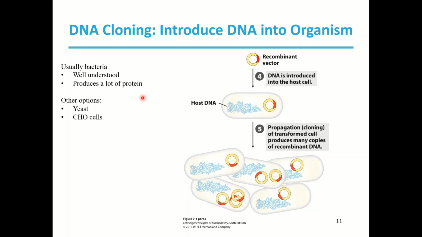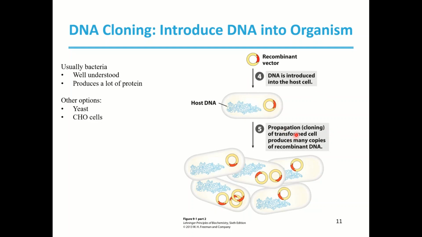One of them is CHO, which stands for Chinese hamster ovary cells, but there are many of them that you can use that are actually eukaryotic cell lines. Eukaryotic cells are a little bit more difficult to grow, but sometimes the protein that you're looking at requires a eukaryotic system for things like post-translational modifications that aren't done in bacteria cells.